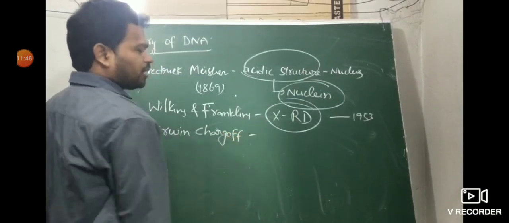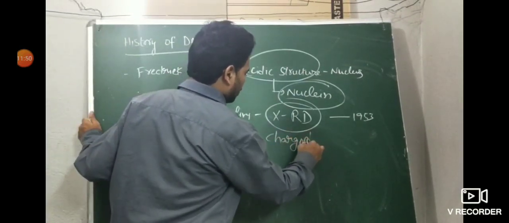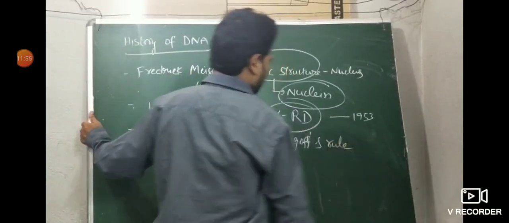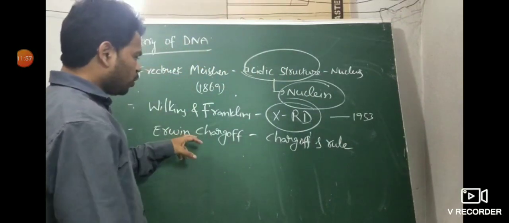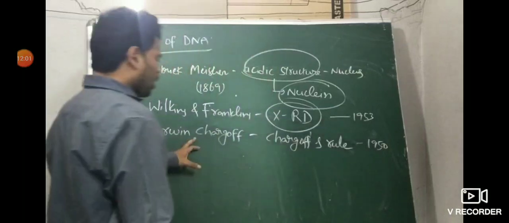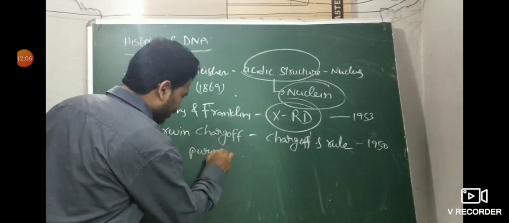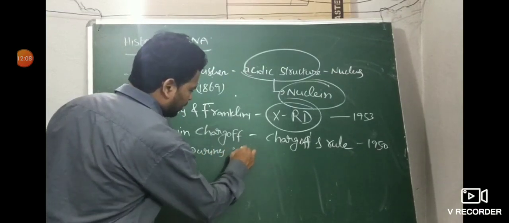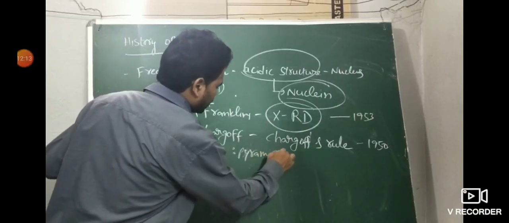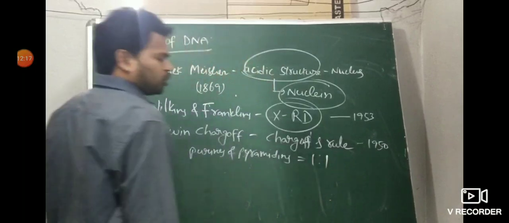Then Erwin Chargaff discovered Chargaff's rule, or Chargaff phenomena, in 1950, an important year. According to Chargaff's rule, purines and pyrimidines are present in a 1:1 ratio.